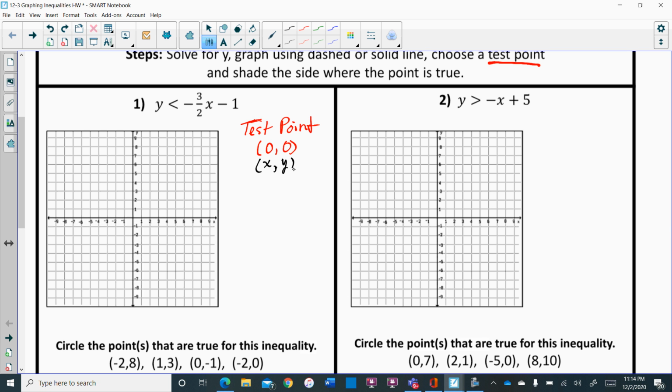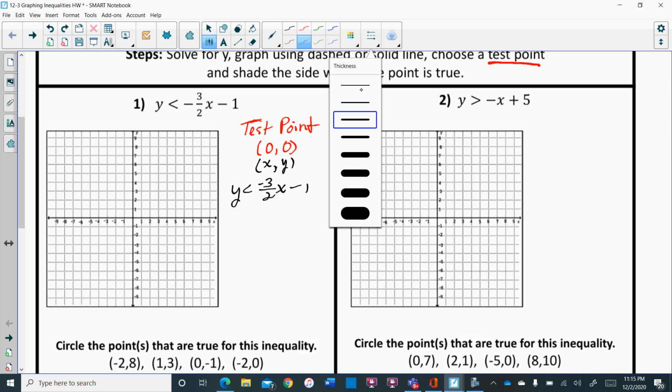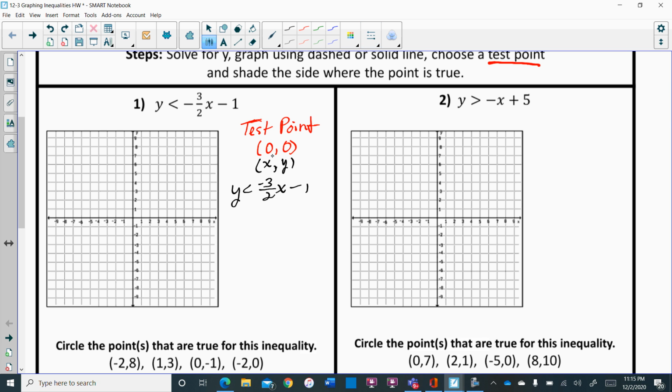Because I know the inequality is y is less than -3/2x minus 1, I'm going to go ahead and write that. What you're doing with these values is plugging them into the equation. I like to use 0, 0 because anything times 0 is 0.